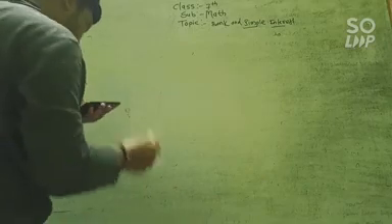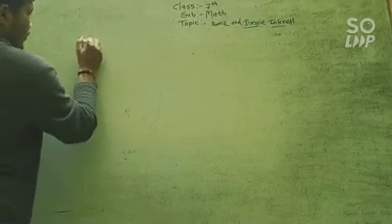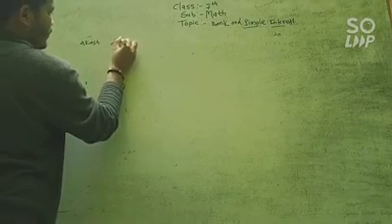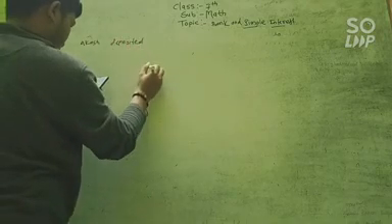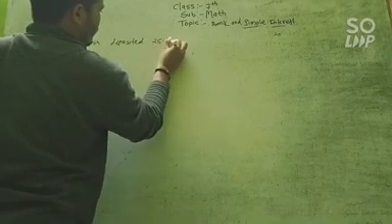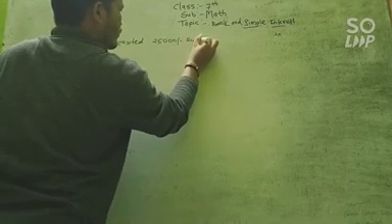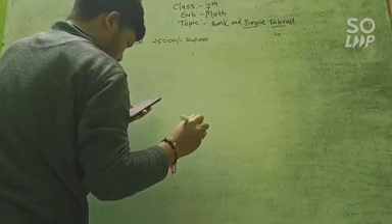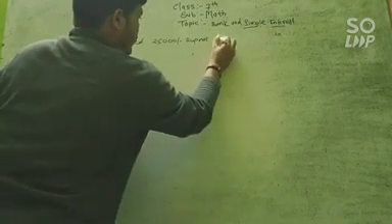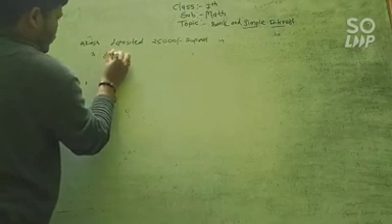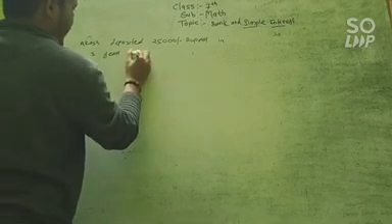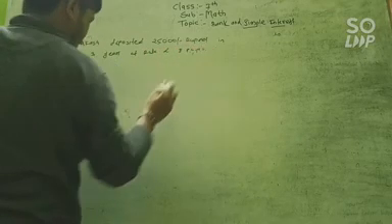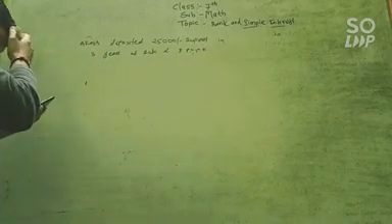Okay, now the second problem is that Akash deposited 25,000 rupees for 3 years at the rate of 8% per annum.